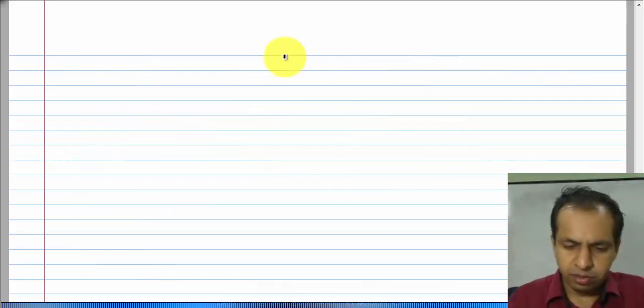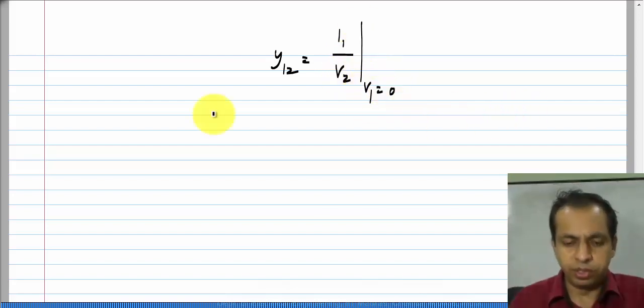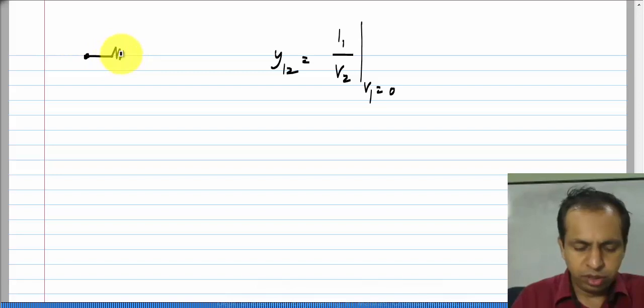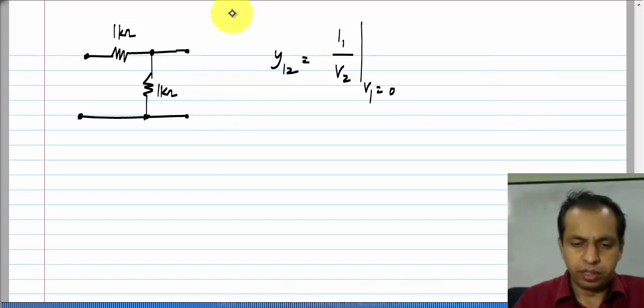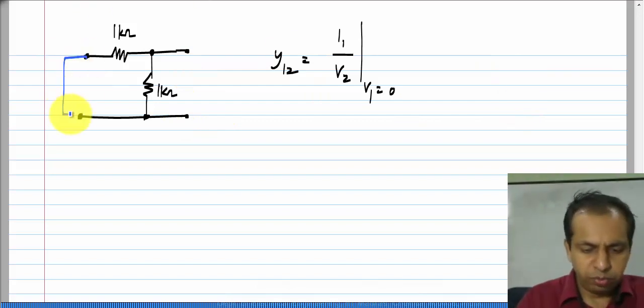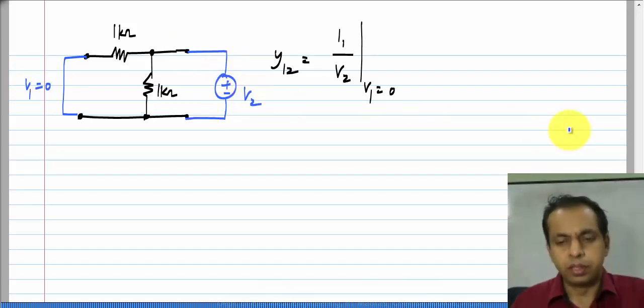Now, let us consider the other parameters. We know that y12 is I1 by V2 with V1 set to 0. I have to short circuit port 1. So, let me do that. This is 1 kilo ohm, that is 1 kilo ohm. Okay. Now, I short circuit port 1 or set V1 to 0 and apply V2.